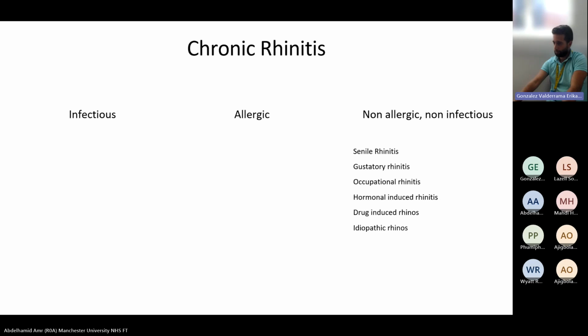Drug-induced rhinitis, where medications can cause rhinitis. So that's why, I remember when we talked about history taking, it's important to ask them whether they're using any local decongestant. And then idiopathic rhinitis.